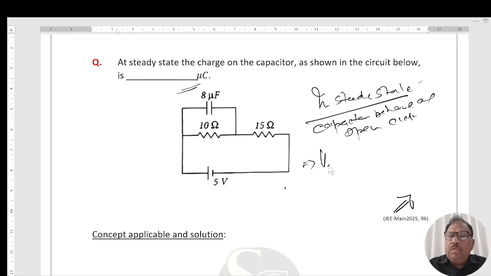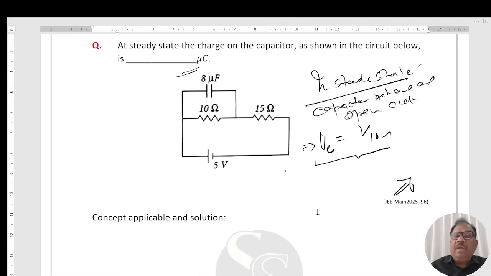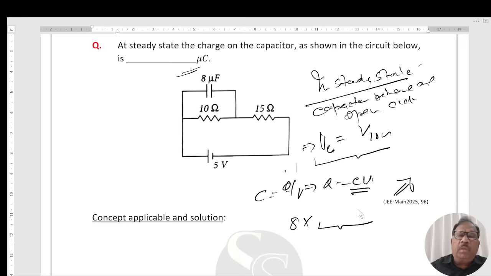So VC will be equal to the voltage across the 10 ohm resistance. And C equal to Q by V, so Q equal to CV. C is given, we have to put the V, and we will get our answer.